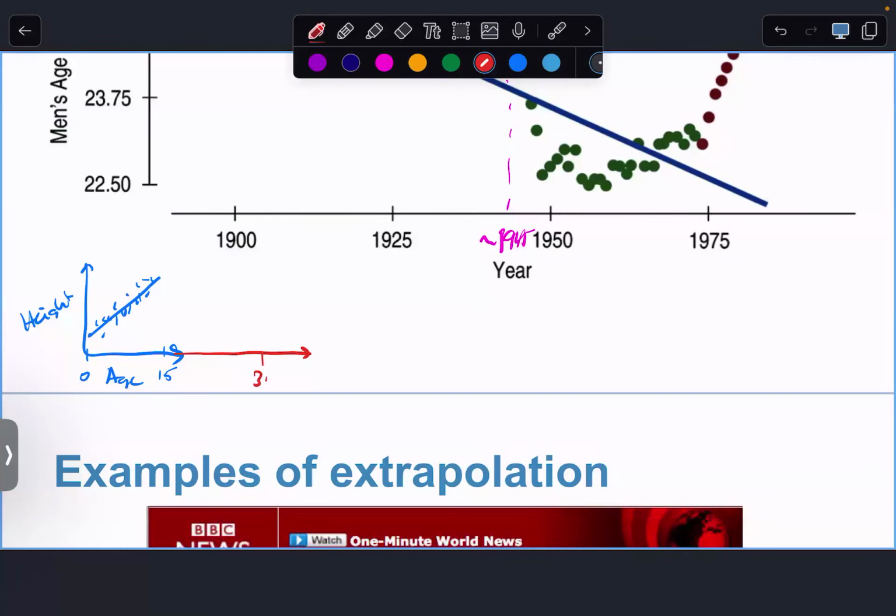Well, when they're 30, your predicted height would be probably something like 10 feet tall. That's crazy. But we know that, right? We have that stopping mechanism that says, oh, actually, I know that at some point we stop growing, right?